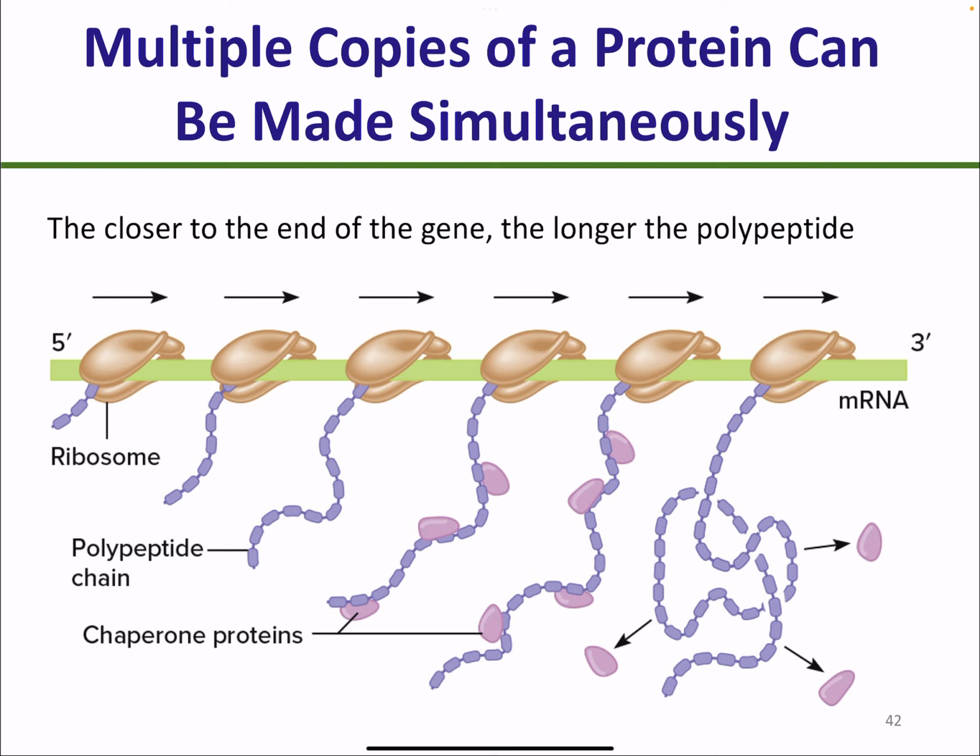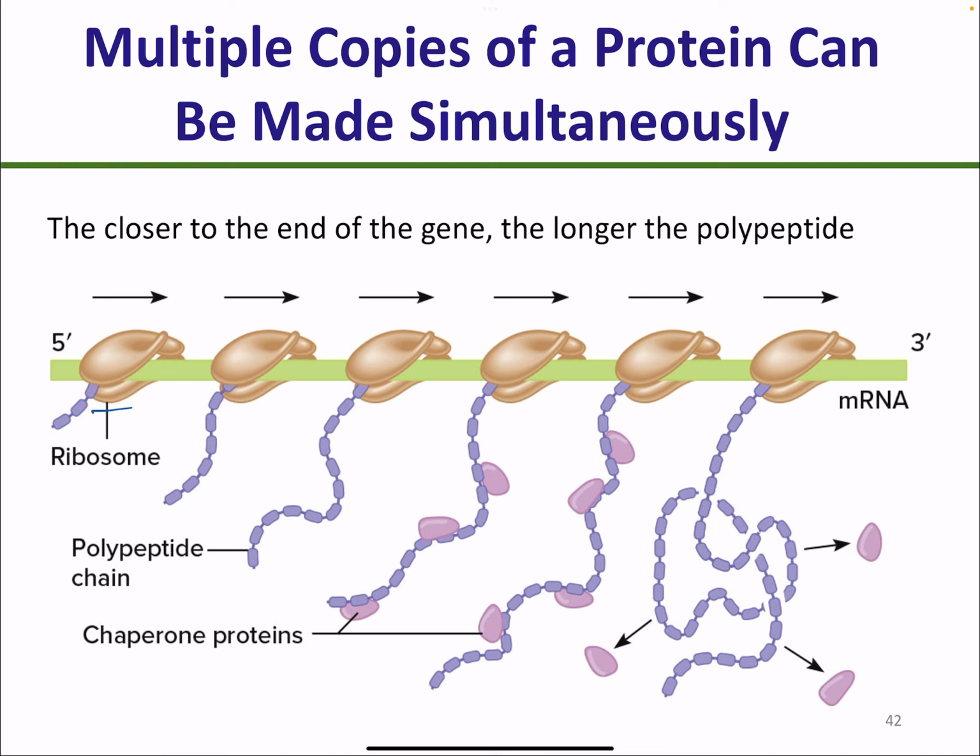Now, know that whenever translation is happening, just like transcription, you don't have only one messenger RNA that is produced. For transcription, you have multiple messenger RNAs of the same sequence, right? By the same token, when you have messenger RNA that is read, not only one single ribosome at a time is going to read a messenger RNA.